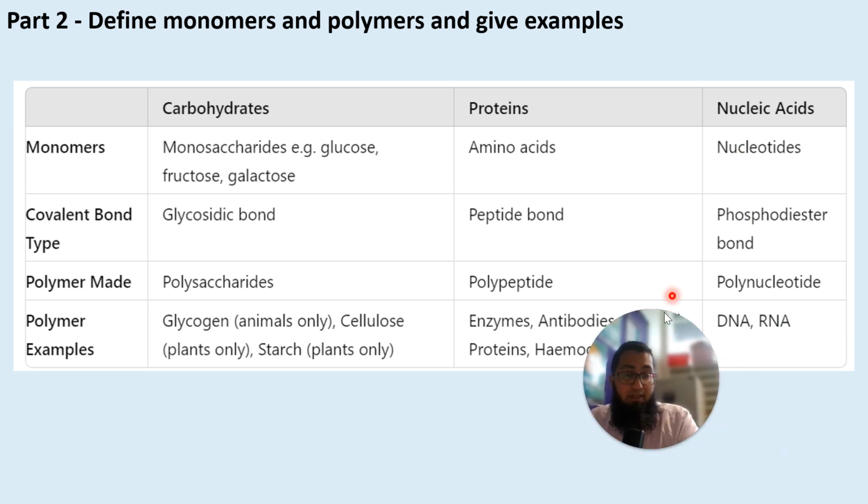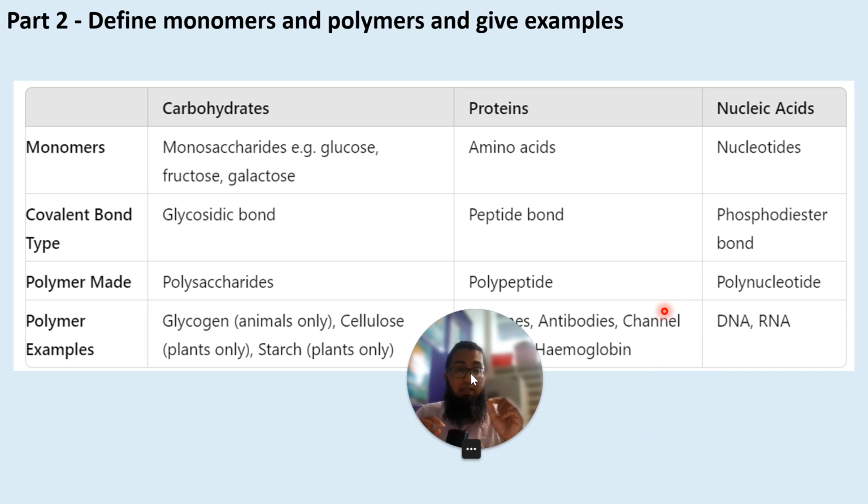Nucleotides are the monomers, and lots of these nucleotides are joined together, and the bond between the nucleotides is called a phosphodiester bond, and they make a polynucleotide. Examples are DNA and RNA. So don't feel overwhelmed. You don't need to make every single note here. It's just a general overview of what you will be studying in the coming weeks.